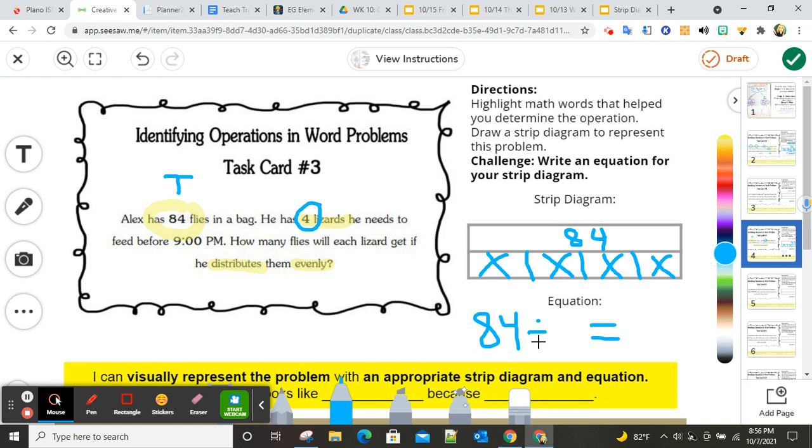So 84 divided by 4 equals question mark. Or, x. So I'm going to erase my question mark and put x so that we get more comfortable with that. So 84 divided by 4 equals x. I have 4 x's. So I have to divide by 4 to find how much x is equal to.